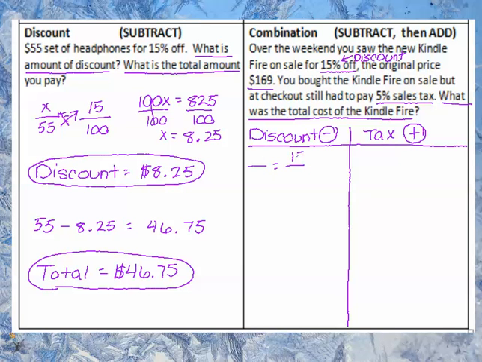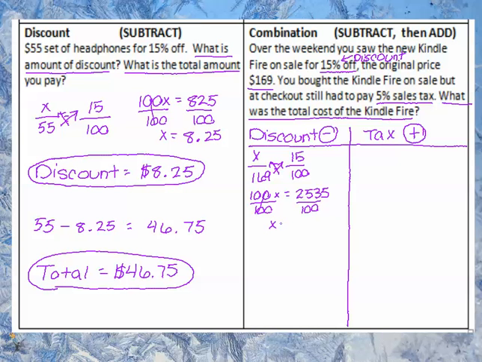Percent, 15% off over 100. I know my whole price is $169. Cross multiply. So I have 100x and 169 times 15 gives me 2535. Divide by 100 on both sides to get x by itself.